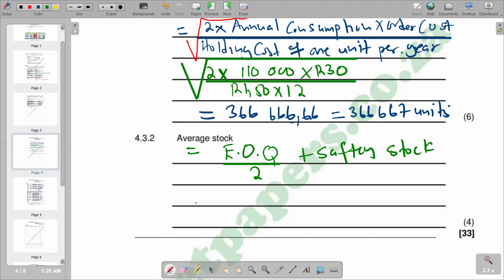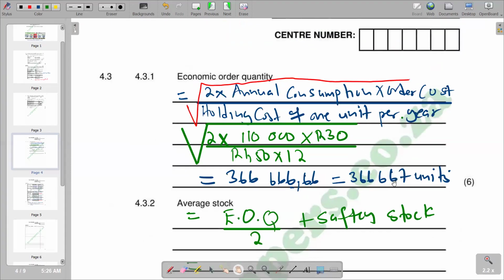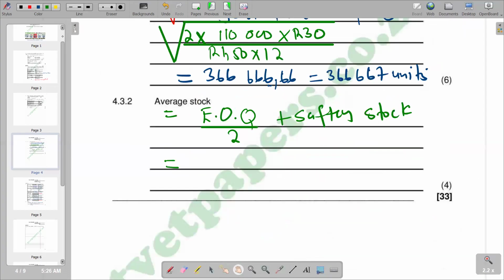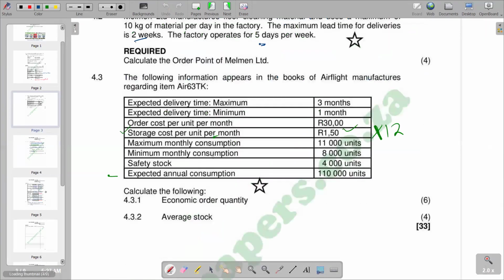We have calculated the economic order quantity and we've got 366,667. And then we divide, we add safety stock, and we see what figure we have for safety stock in the information given. The safety stock is given as 4,000 units.